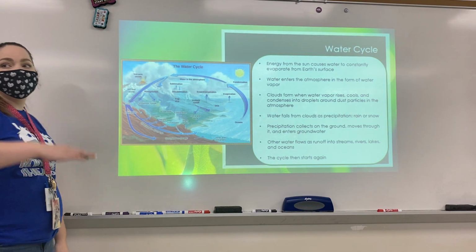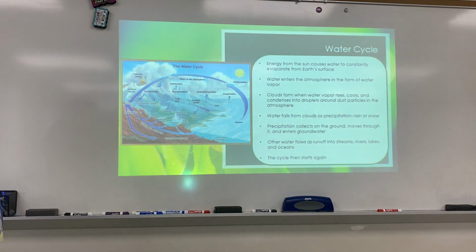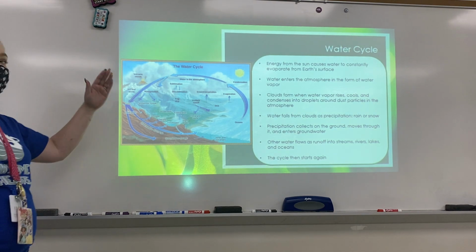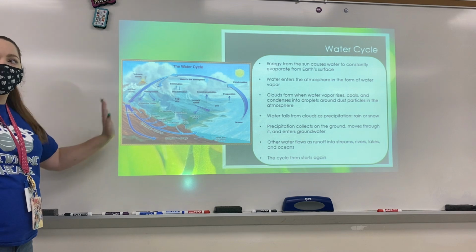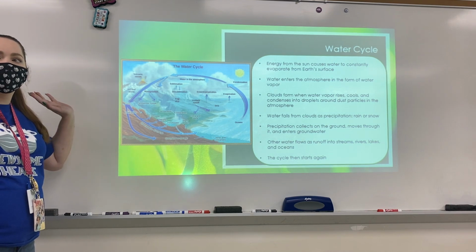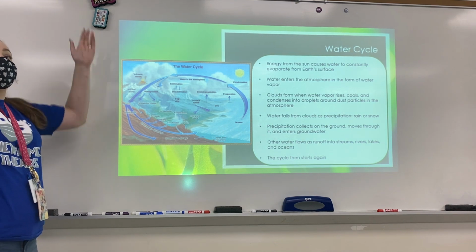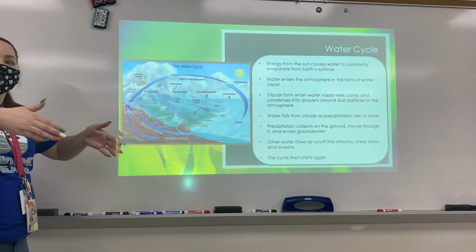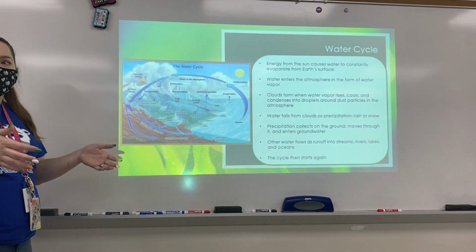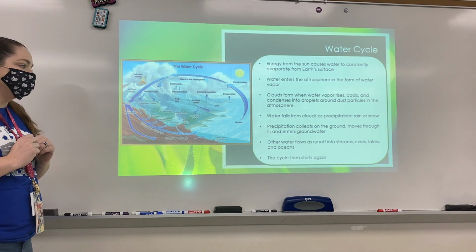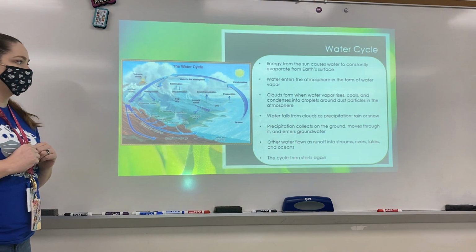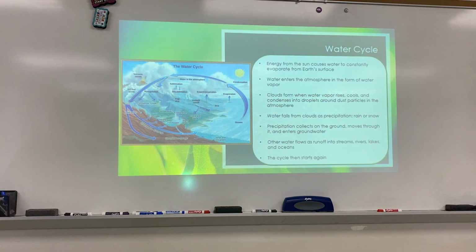So everything to the east of those mountain ranges and everything to the west, everything that faces the water side, has more access to water. It's more tropical. It's more green. Everything on the other side, because the water doesn't get to that side, that's where you have your drier, more desert climates. Okay? So that's the water cycle.